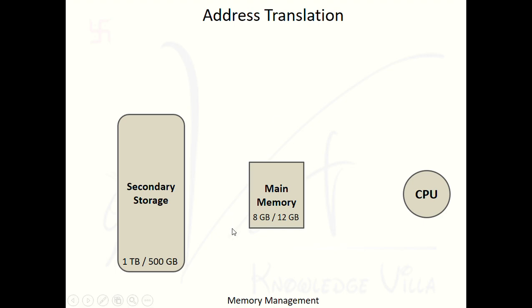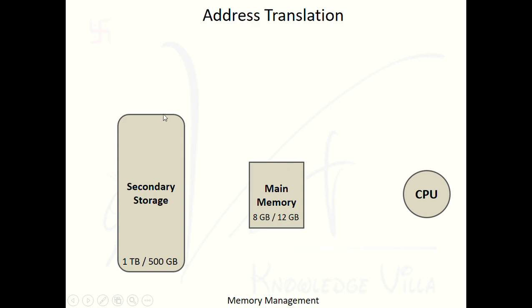We have a large amount of storage in our system, probably 1 TB or 500 GB, and compared to secondary storage, we have a small main memory, probably 8 GB or 12 GB in today's configurations.